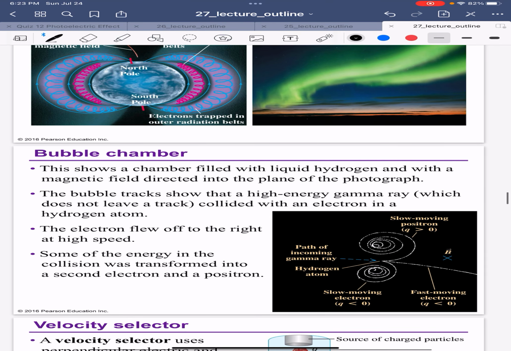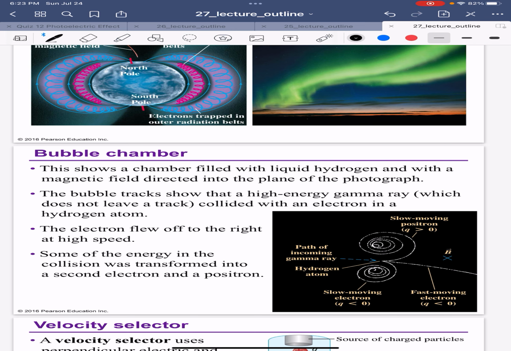Here, another application is the bubble chamber, where we use it to test for radioactivity. This shows a chamber that is filled with liquid hydrogen and with a magnetic field directed into the plane of the photograph here.